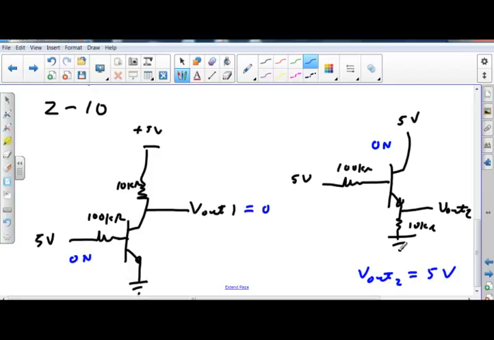So when I put my output at the collector, on becomes a 0, I become an inverter. When I put my output at the emitter and throw in an emitter resistor, my on becomes an on, and I become a buffer.